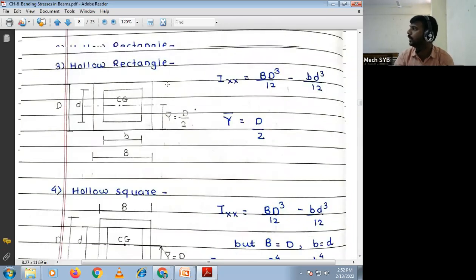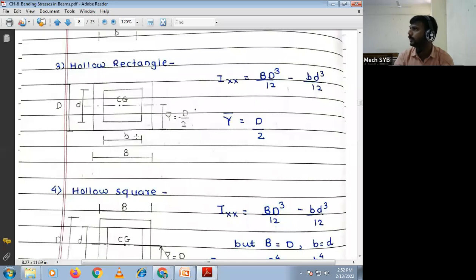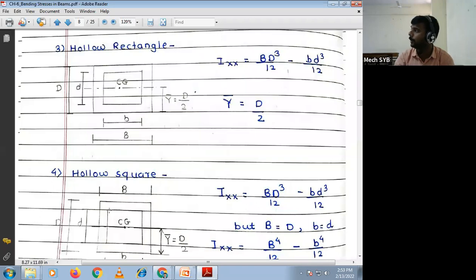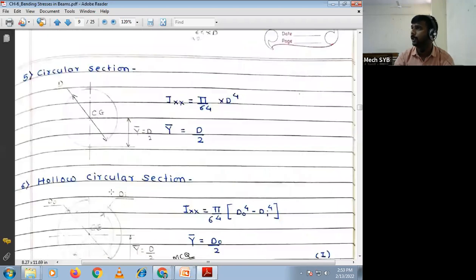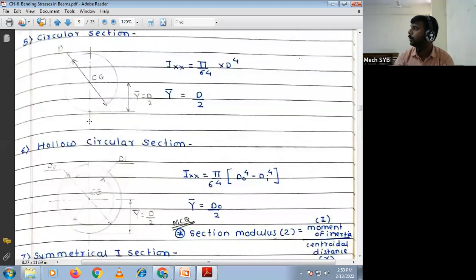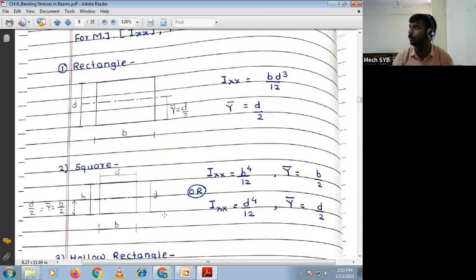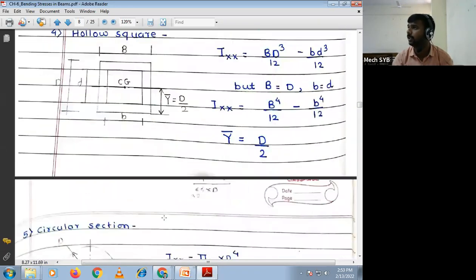Maximum times the beam is totally rigid or it is solid. But sometimes in the mechanical structures, such types of hollow rectangular, hollow square beams are there. Therefore, purposefully I have given this formula also. And your beam is also there in the circular form, in the form of solid, in the form of hollow. So these are the commonly used sections, and we are having the numericals based on this also. And we have to remember all the formulas. It should be at your tip of tongue while solving the numericals.